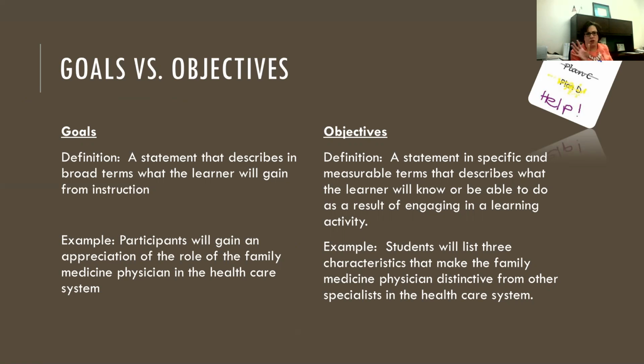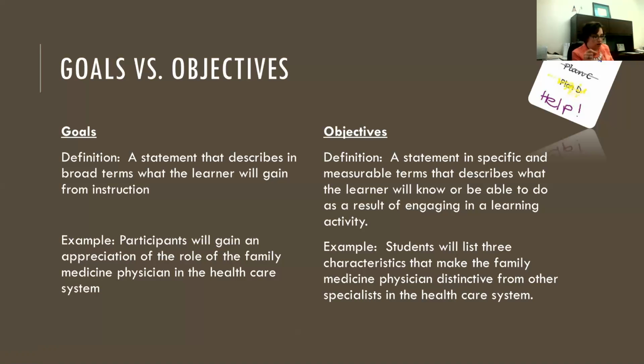They may not be able to do it exactly, but it's something we can think about. There are really three parts to an ideal learning objective. One is a measurable verb. Here the students will list. List is that verb. The second is the condition, if any, in which the performance will occur: they will list three characteristics.